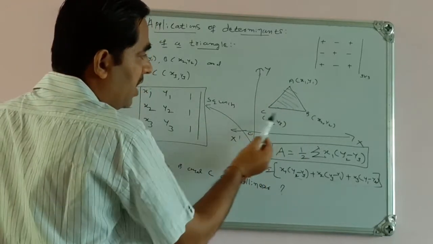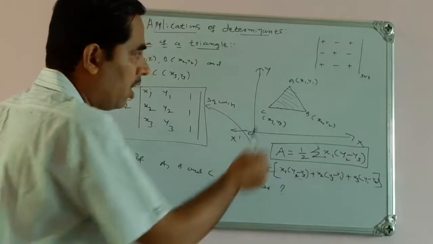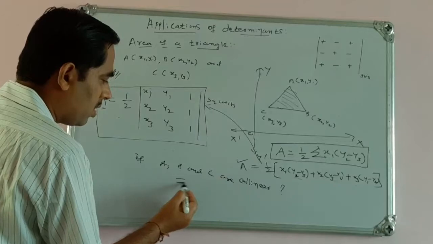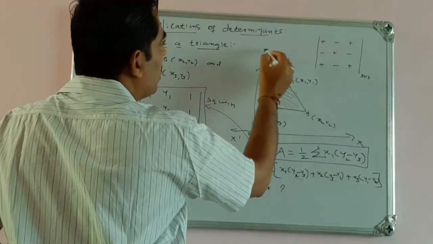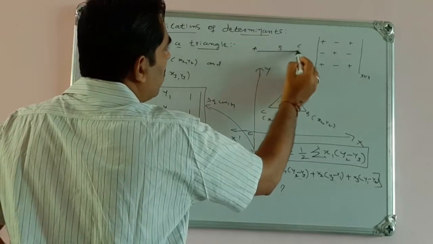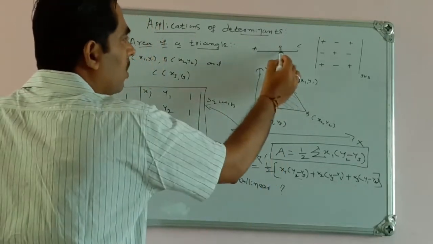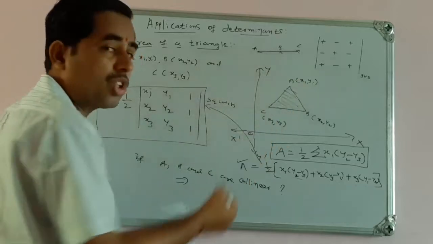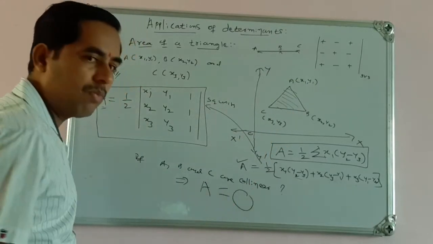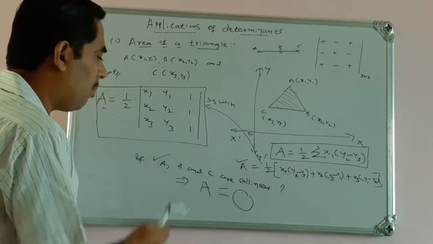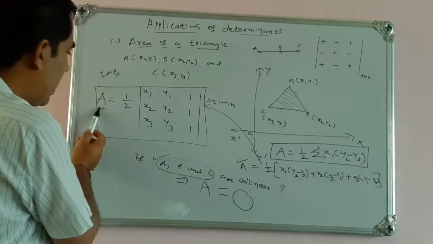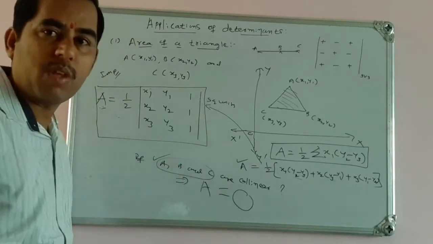If these points lie on the same straight line, then there is no question of area. So what will be the area of the triangle? It will be 0. If the points are collinear, the area vanishes. The area will be 0.